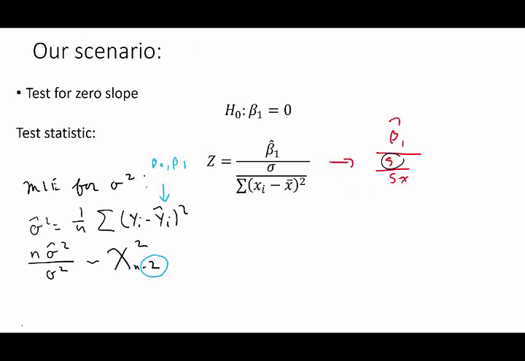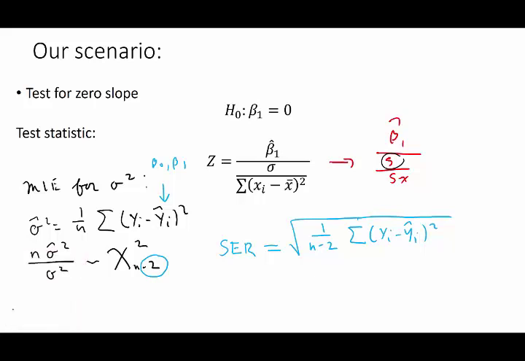So working off this idea, to get an unbiased estimator of the variance, we're going to define S, which is often called the standard error of the residuals, or SER in some situations. We define this as the square root of 1 over n minus 2 times the squared deviations of the observations from their predicted values.